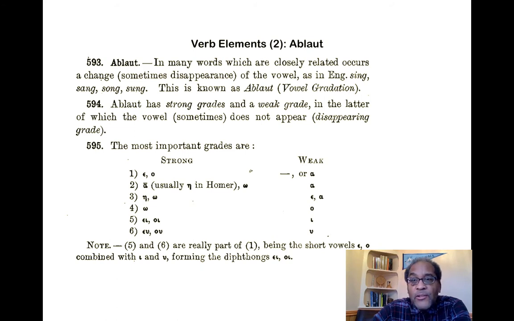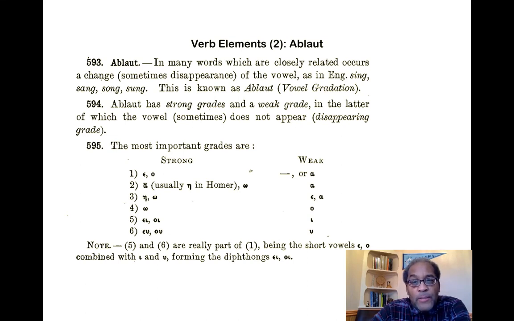This variation between the i, the a, the o, and the u is known as ablaut, the German term for vowel gradation. Ablaut has strong grades and a weak grade, in which sometimes the vowel disappears altogether.